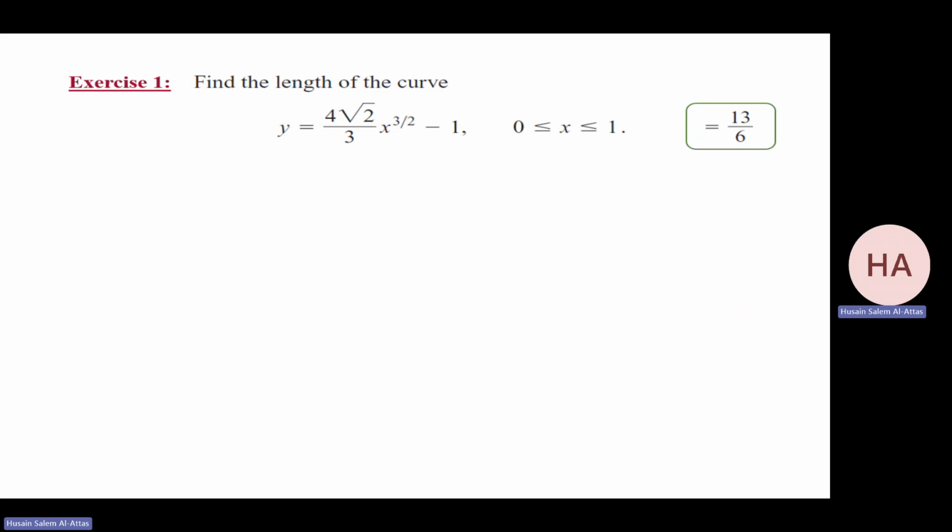Find the arc length of this curve. Yeah, now the idea I think is very clear. It is just a matter of calculation. Y prime will be what? Yeah, that will be 2 square root of 2 x to the power half. This is f prime.